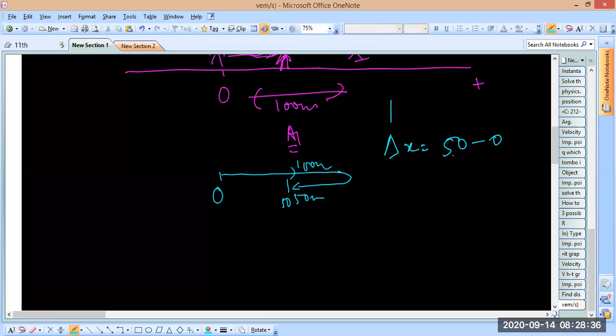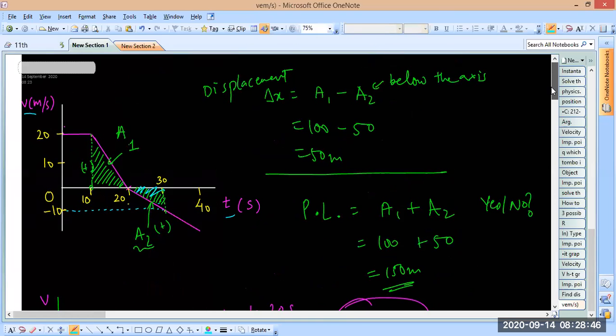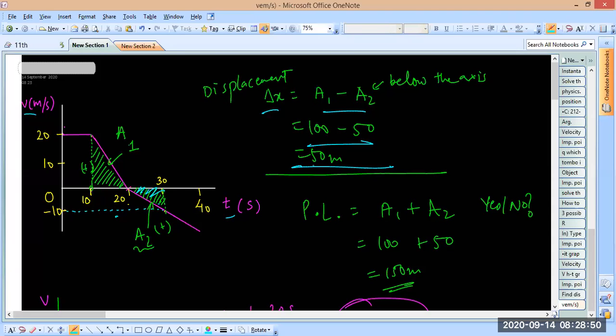So that is 50 minus 0, because this is initial and this is final. But whether you do it by drawing this kind of diagram, or by using this graph and doing this calculation, the final value is still the same.